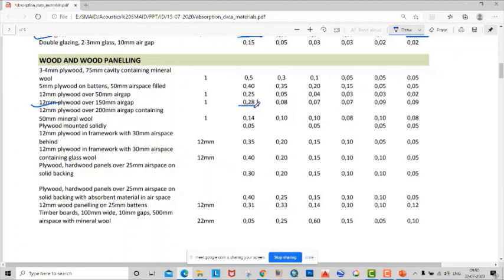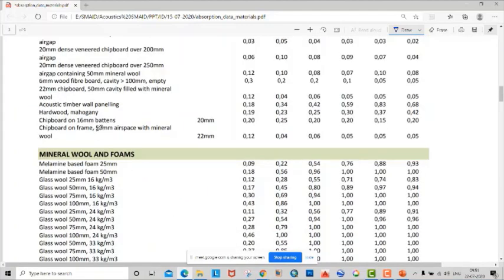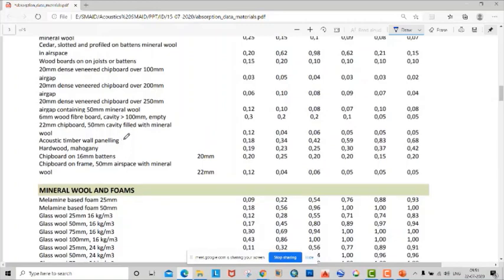That means 30% is getting absorbed. So this is better than the previous one, the concrete wall. But for higher frequency, again it is kind of sound reflective material, 0.09. But for lower frequency, absorption is more, if we are providing an air gap between plywood and wall.